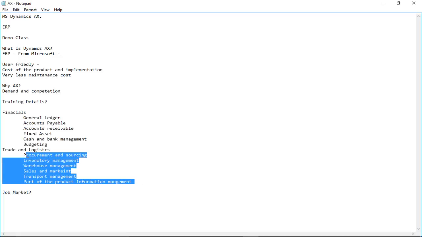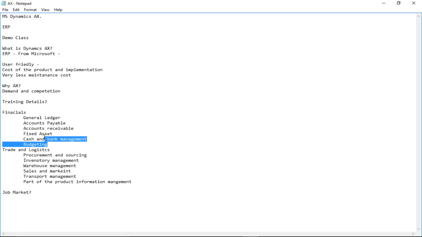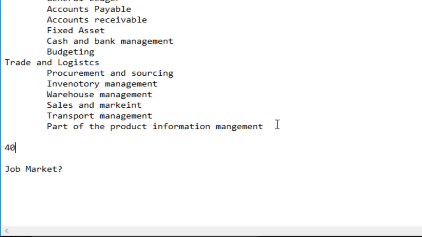Okay, this is about the basic contents of each and every area of the trainings that we are providing at this moment. As part of training, it will take 40 to 45 days, depending on external forces.